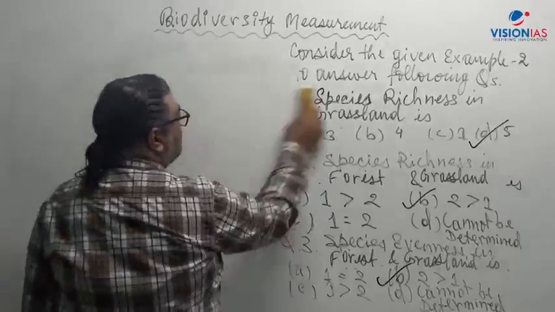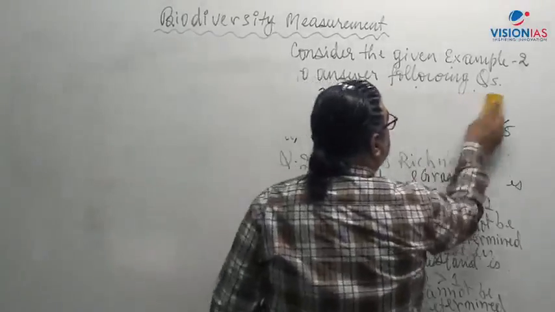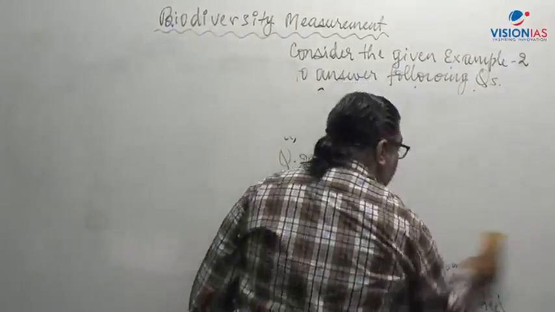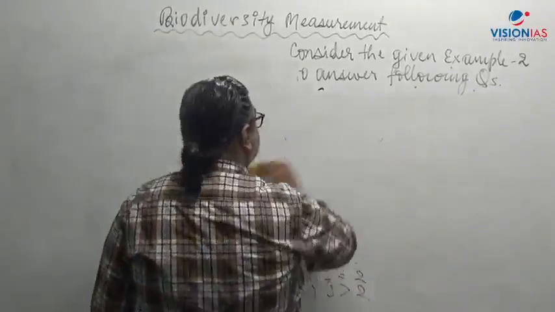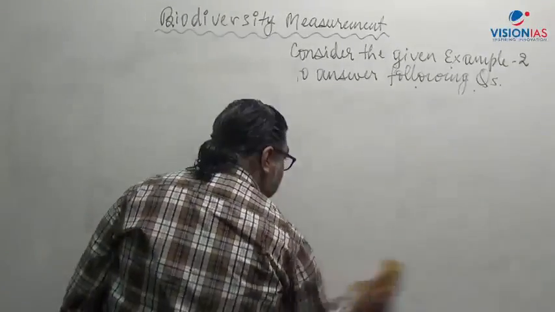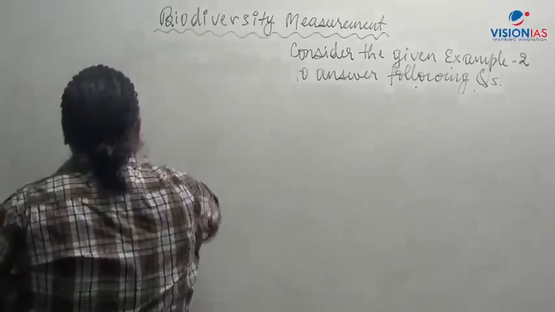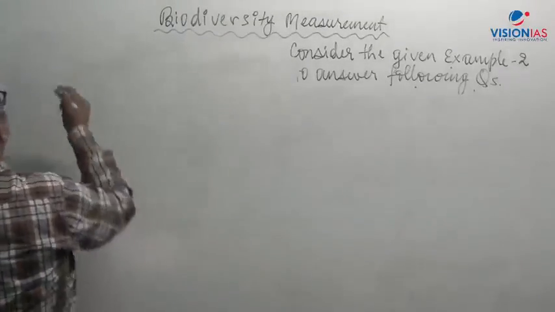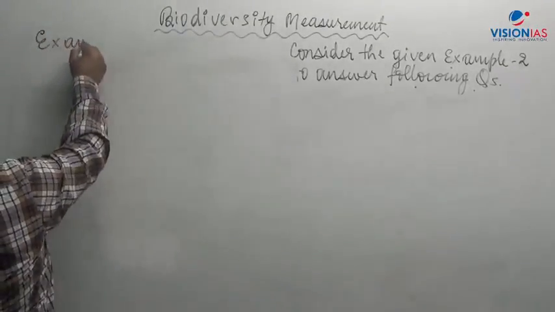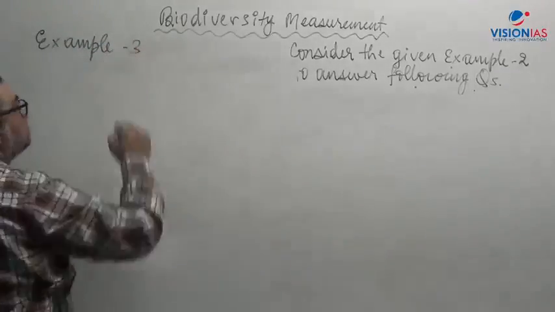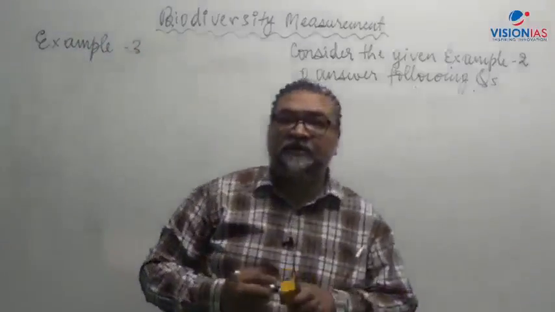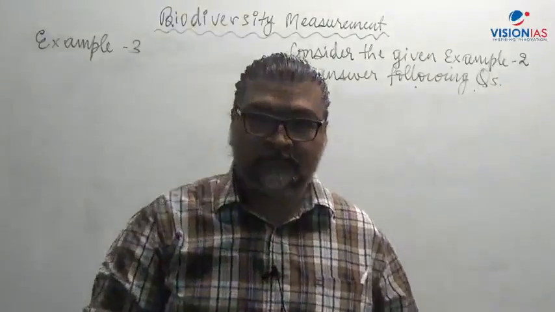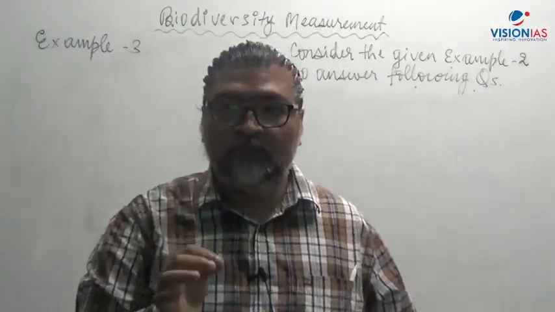Now let's come to alpha, beta, and gamma diversity. Example 3. I'll tell you one very important aspect. CSAT, your paper 2 in the prelims exam.